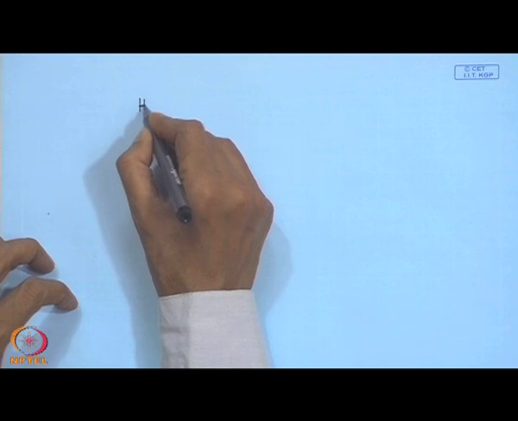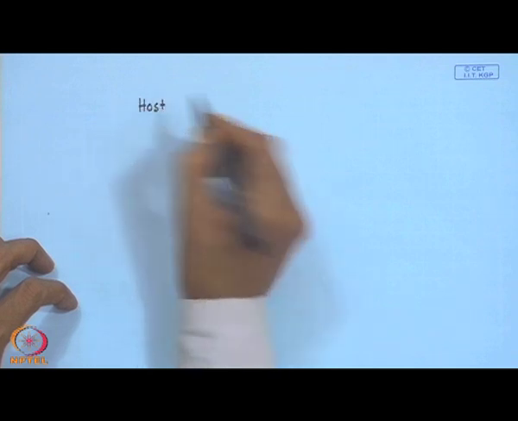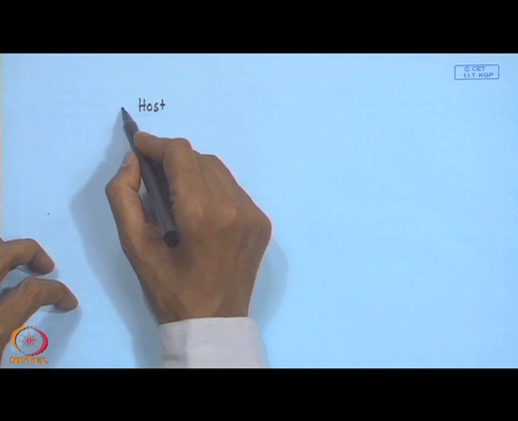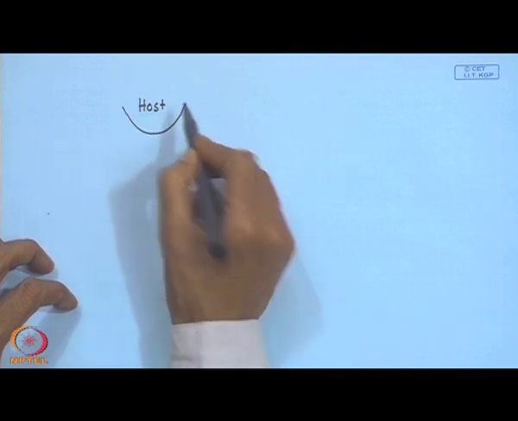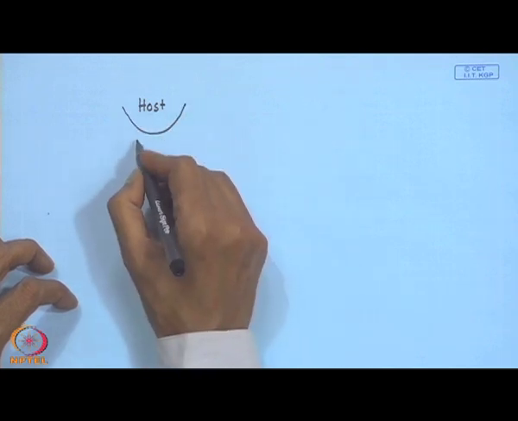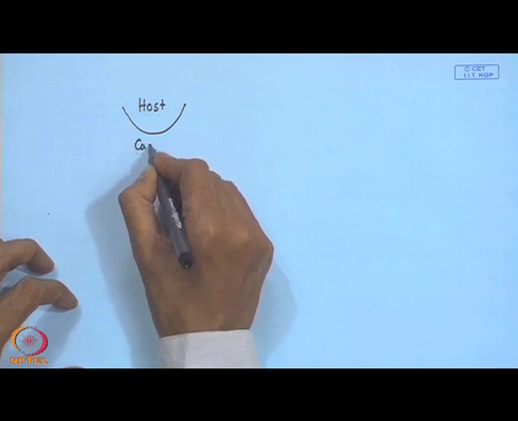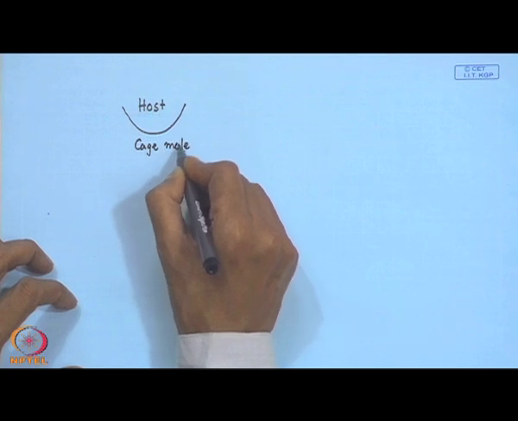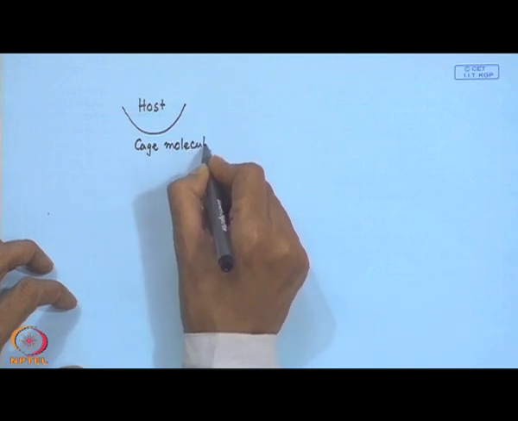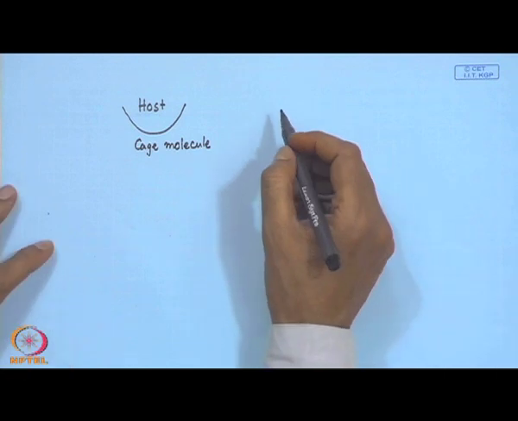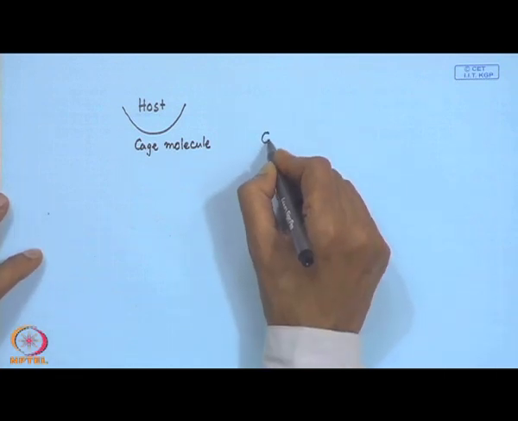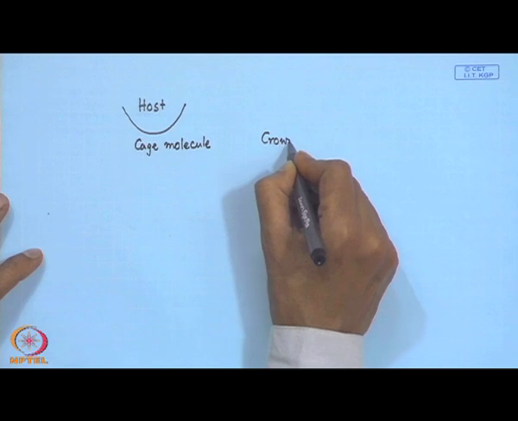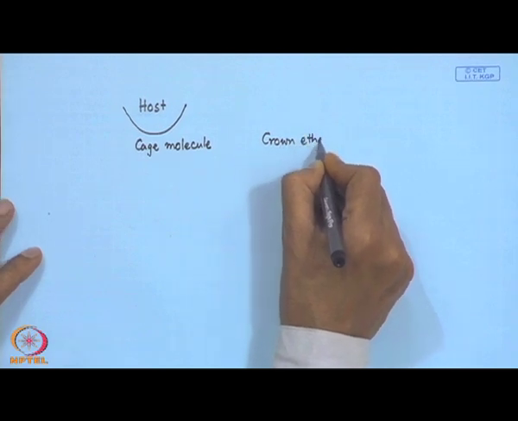So, when we have no such physical quantity like metal and ligand, we can have a host such as some big inorganic cage or some organic cage, some cage molecule, or say a crown ether.